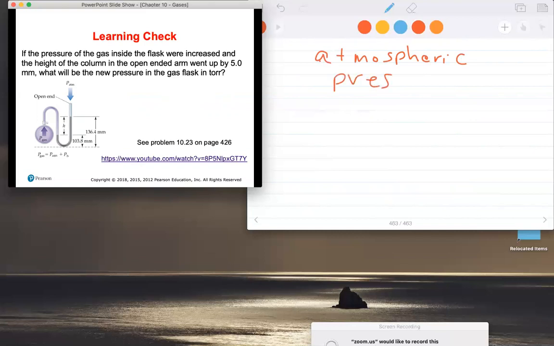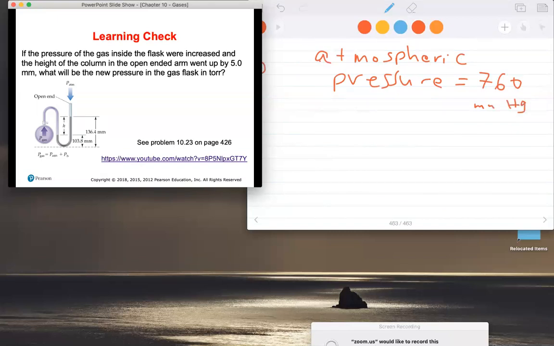You'll be given more information. This was a continuation of problem 10.2 on page 423. This was 760 millimeters mercury, the atmospheric pressure.